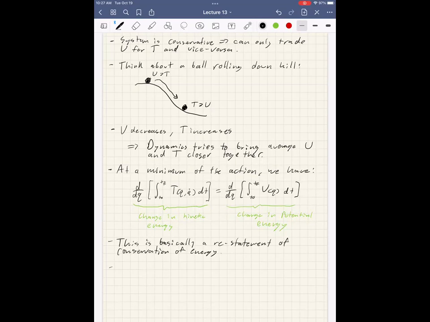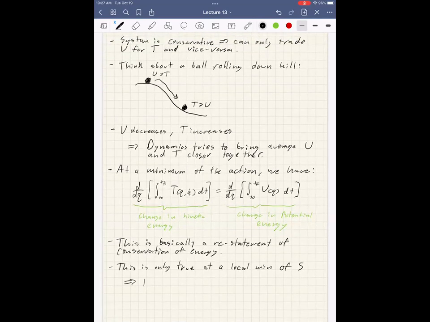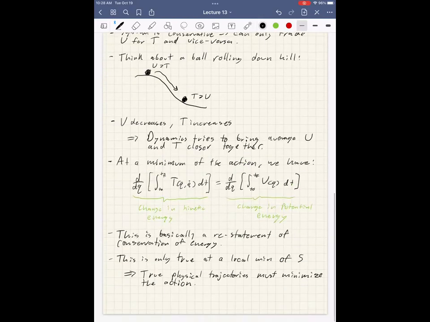And this is only true at a local min of the action. So kind of saying true, physically realizable trajectories must minimize the action to conserve energy. Okay. Any questions about that?